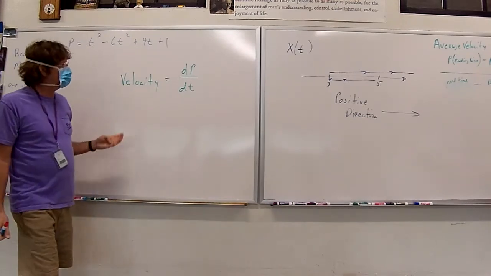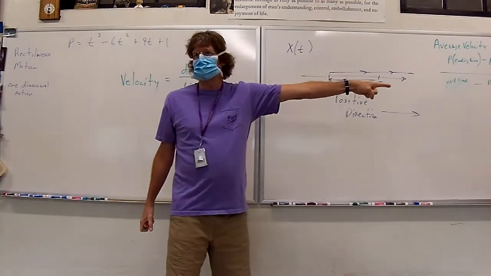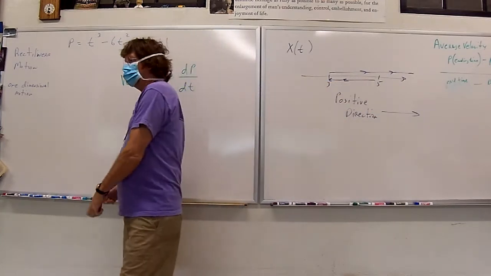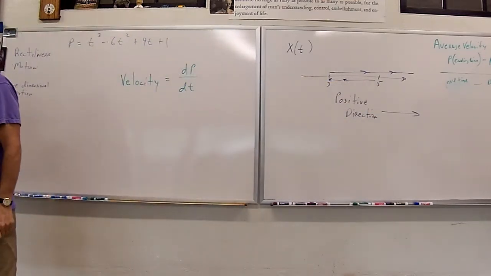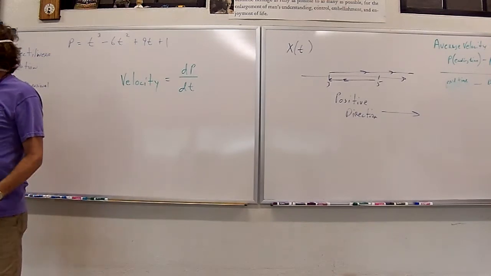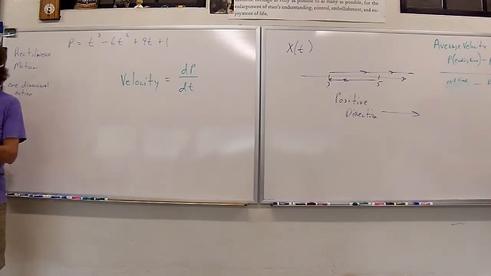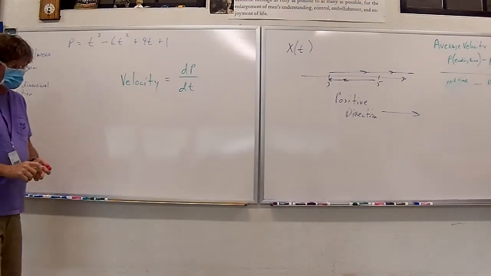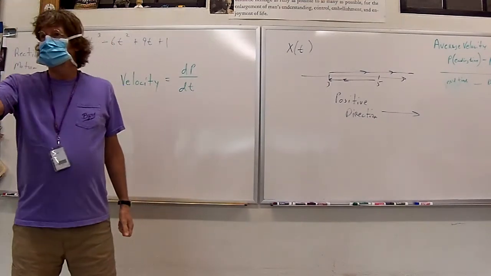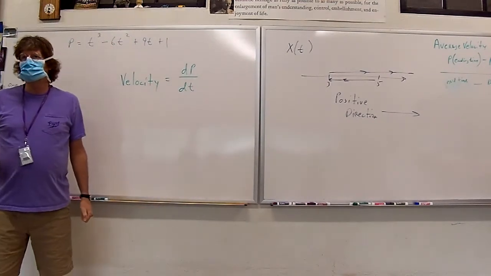So in our case, if I tell you you have a positive velocity, we're going to be going to the right. If I tell you we have a negative velocity, we're going to be going to the left. And then you can figure out how to do it for something moving up and down.